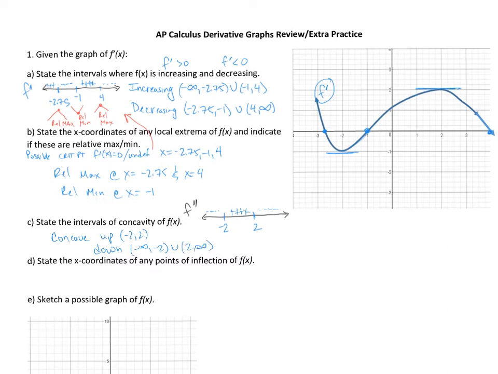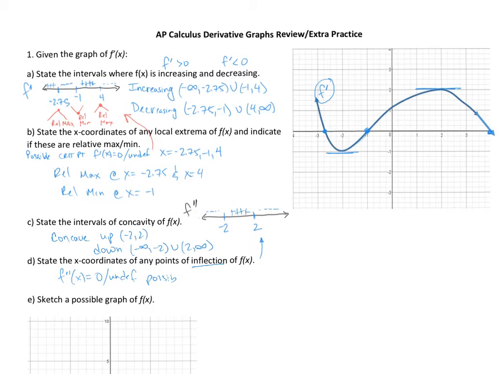So for points of inflection, we're going to use our similar second derivative graph and see where it changes concavity, because for points of inflection, we want to know when f double prime of x equals 0 or undefined. This gives us our possibles, and we've already listed those, -2 and 2.